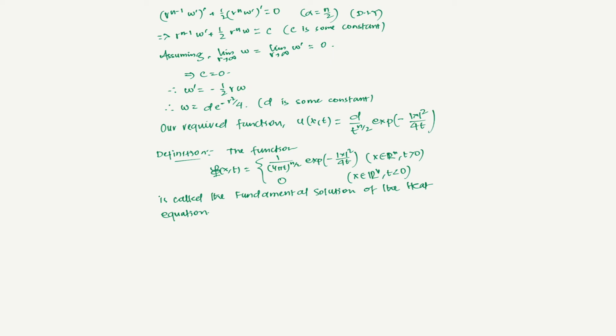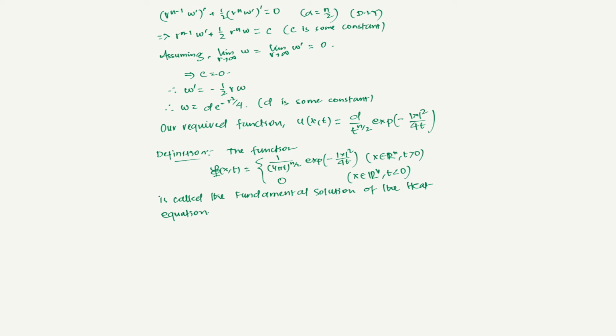See, why it was happening is because we chose our u to be 1 by t to the power alpha, and alpha we chose to be n by 2. So with n by 2 only we are getting this solution. And v is x by t to the power beta, so that is why v is w, so basically it is exponential of minus mod x square by 4t, because we just put the value of beta and this is what we are getting.